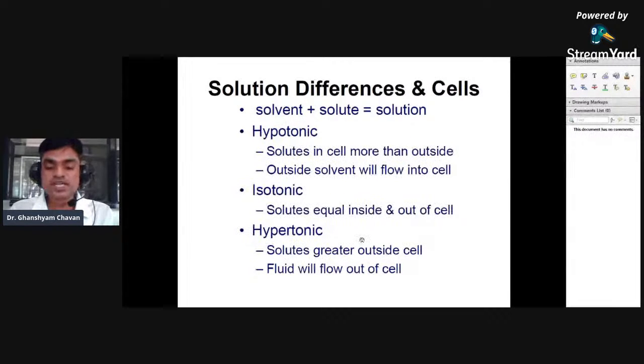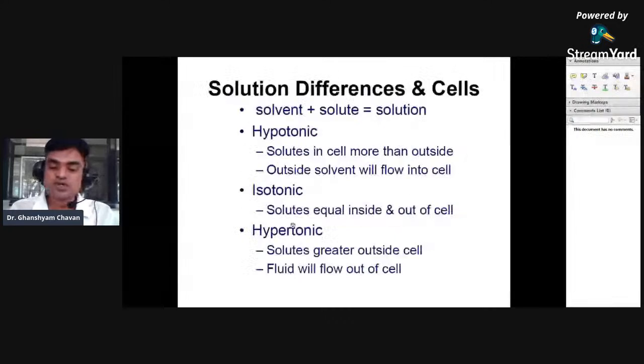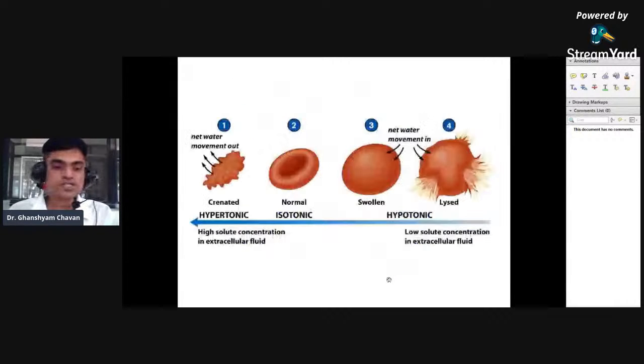Now we will see how they work with our RBC. As we saw in the hypertonic, the solutes are greater outside the cell and fluid will flow outside the cell. Whatever fluid is inside the cell will move outside, and due to which shrinkage of the RBC occurs; they are contracted.